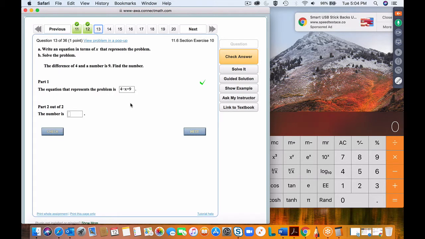Notice that the distance between 4 and 9 is 5. So we know the number is 5. But since it's negative x, we need to put the negative 5. It's very simple.